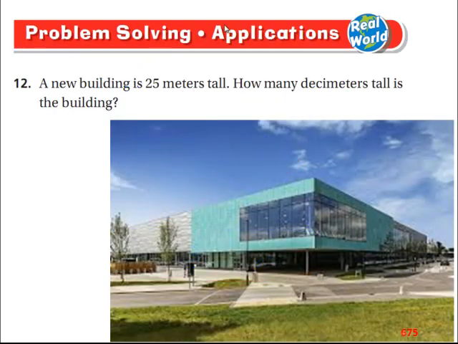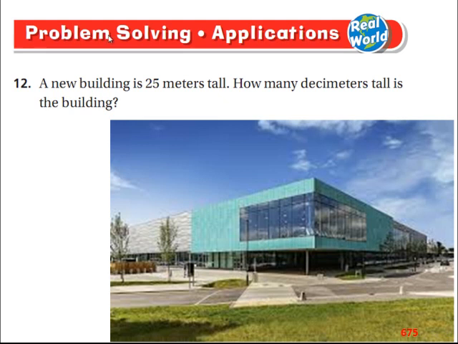Problem solving part. Applications part. Question 12. A new building is 25 meters tall. How many decimeters tall is a building? As you see in the picture, this building is 25 meters tall.